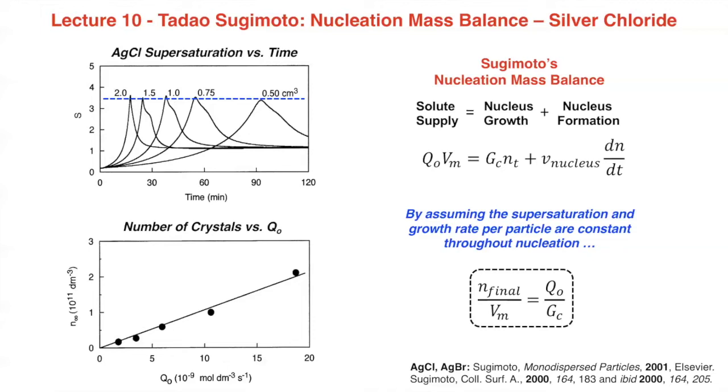And what Sugimoto realized was that if it's the case that nucleation has this critical dependence on concentration, once you hit that level, which is marked as a blue dashed line here in this figure, where this is the supersaturation ratio, or concentration of solutes divided by the equilibrium concentration, which is 1 here.